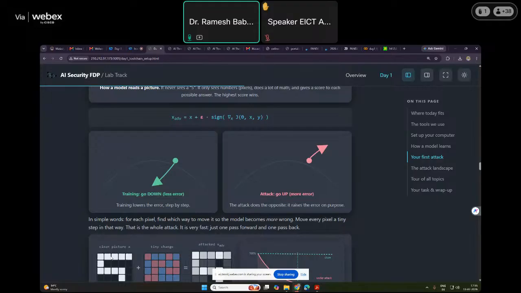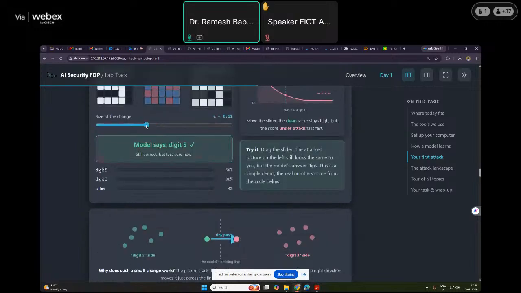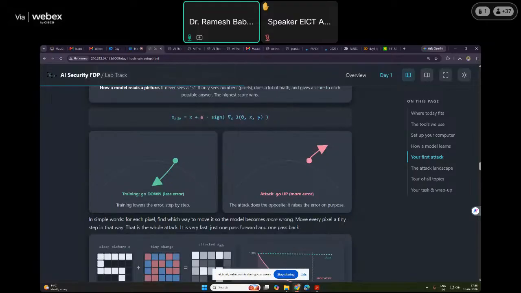We need coherence in the magnitude so that pixel noise does not cancel out. So we have this sign function here, and this entire thing is multiplied with epsilon, a scalar value which you can manipulate yourself, which can be as small as 0.02 or as high as 0.22. Basically, it is a signal to the attacker of how aggressively you want to perform the attack.